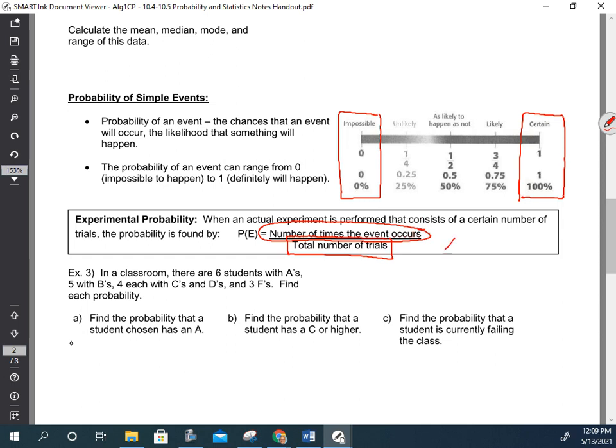So your probability is always a fraction. Probability is always a fraction, unless the answer is 0 or 1.